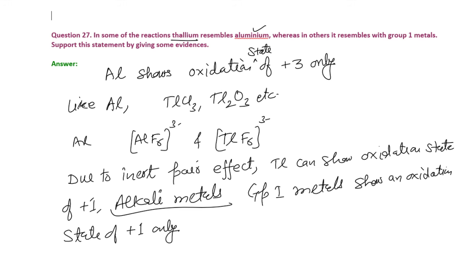That's why it can show +1 oxidation state in some of its compounds like Tl2O, even TlCl.